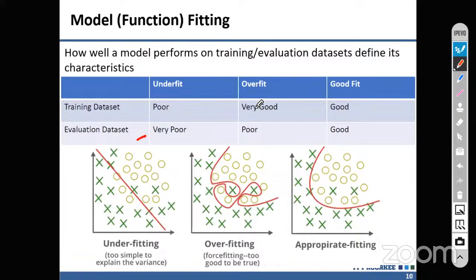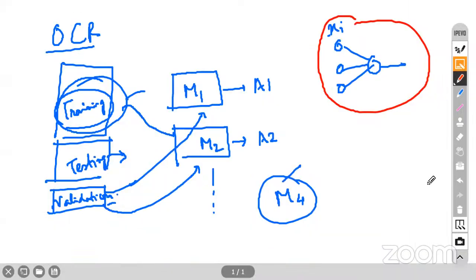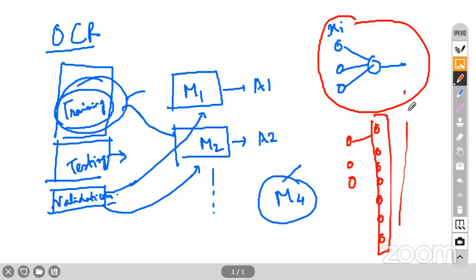When you have a model which is very much overfitted. Overfitted means when I have three input data, and I am creating, for example, so many neurons in the first layer, and then another layer with another set of neurons.